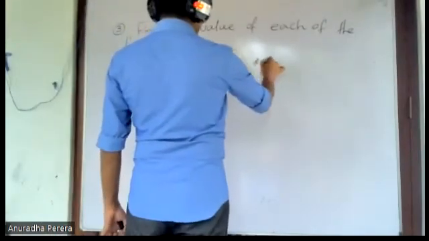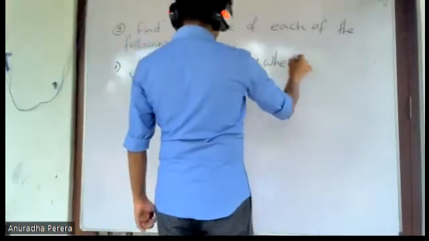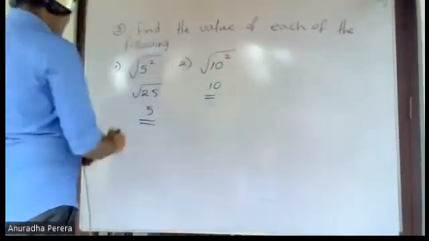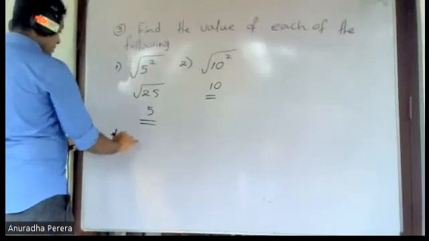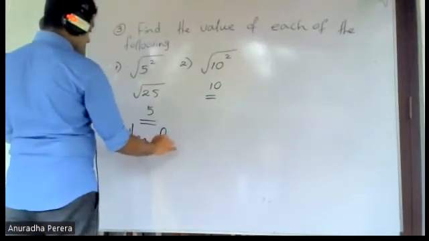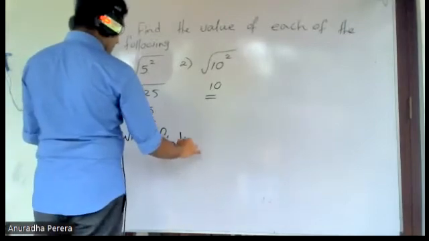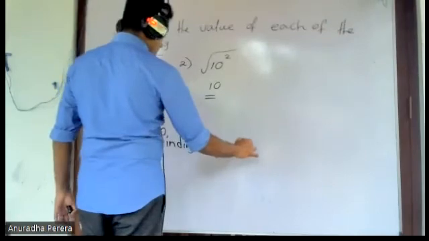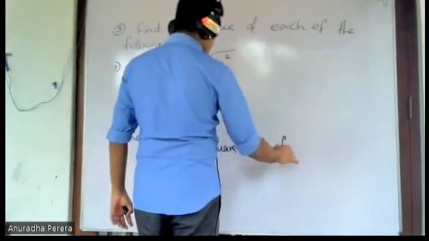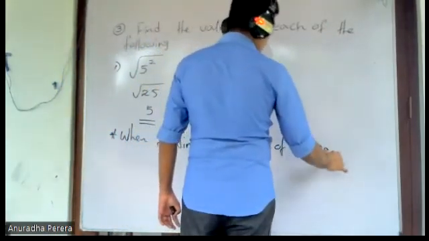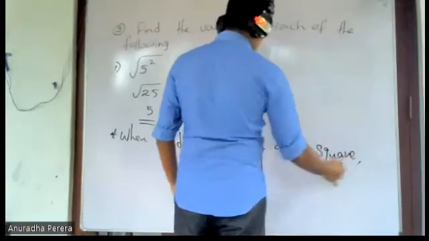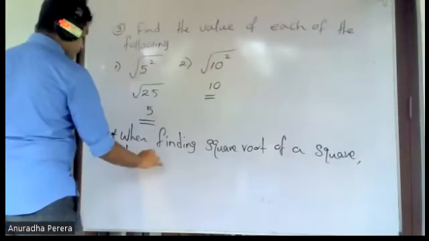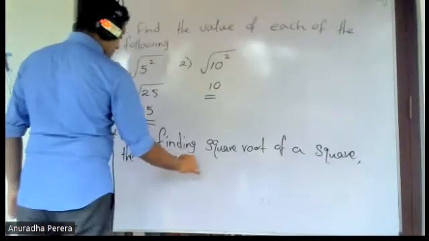Write the star mark. When finding the square root of a square, the answer is the base.